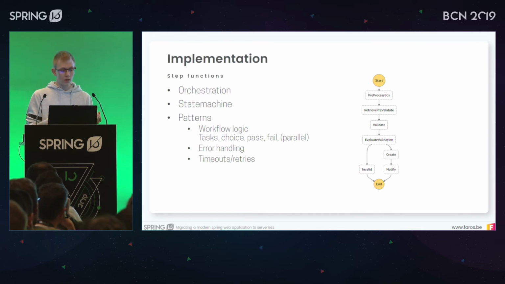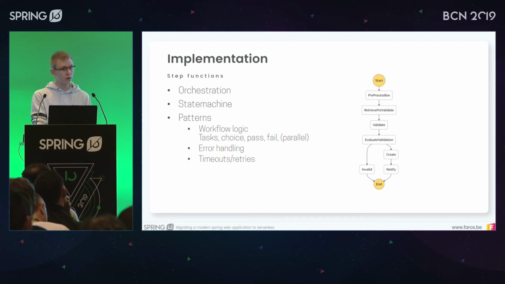There are multiple patterns allowed here, such as controlling the logic where you have choices. In our example, you see the preprocess box, which performs a small transformation on our input data. Then the pre-validation retrieves some data which we need to validate with the effective validation.